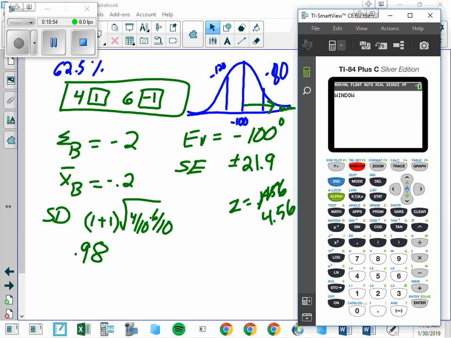In the meantime, I need to change my window so you can see it. I'll go all the way out to 6. I want to shade from 4.56 to 6.